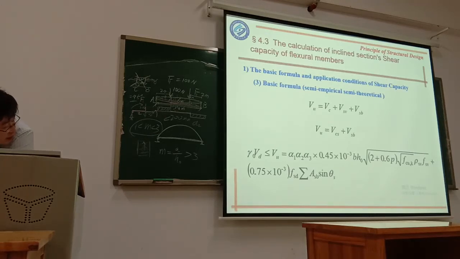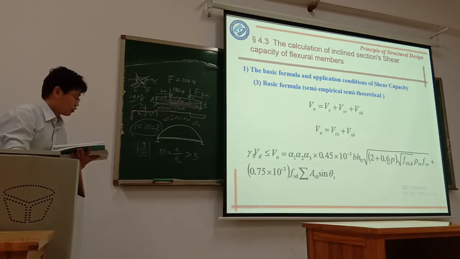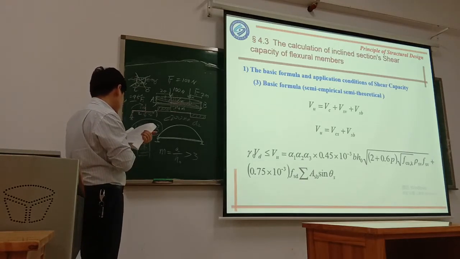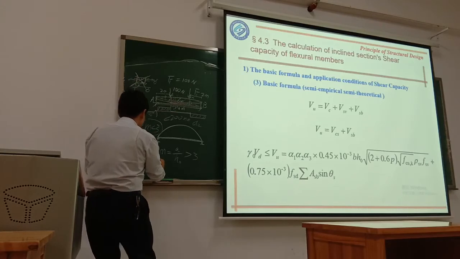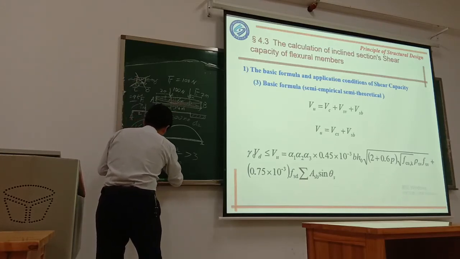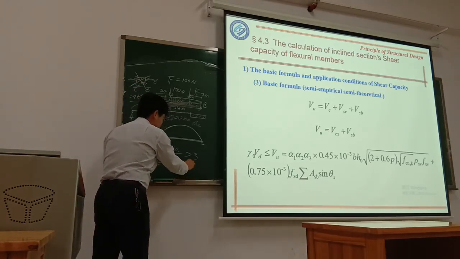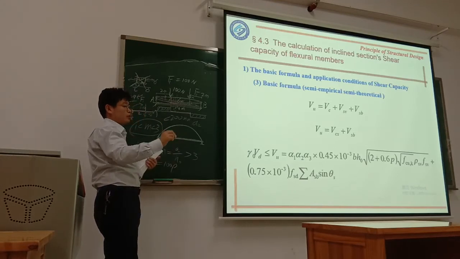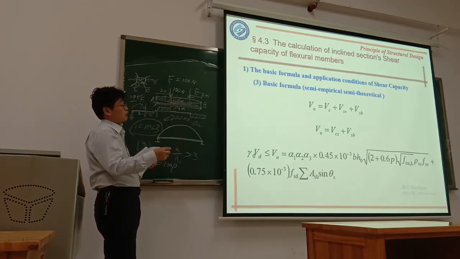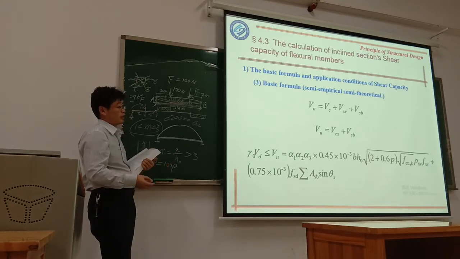One thing we should pay attention to is this P. P is also called the reinforcement ratio, but here P equals 100 rho, because rho is normally 1% or 2%, something like this.